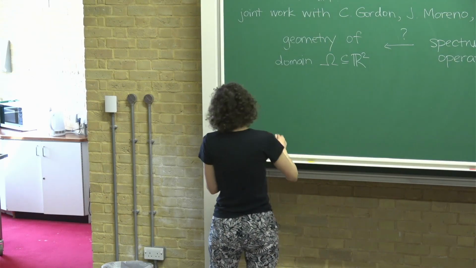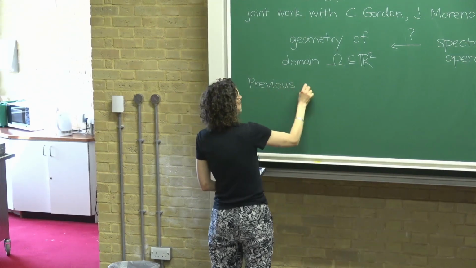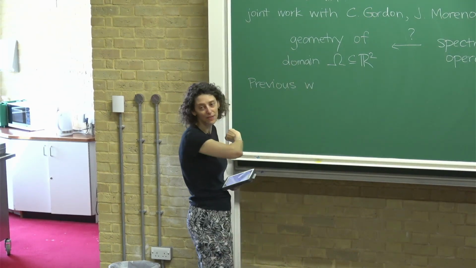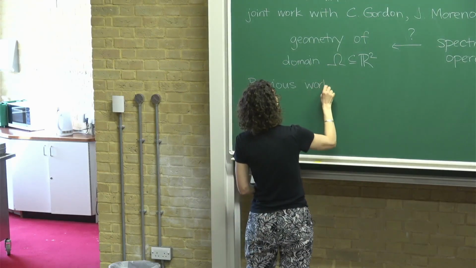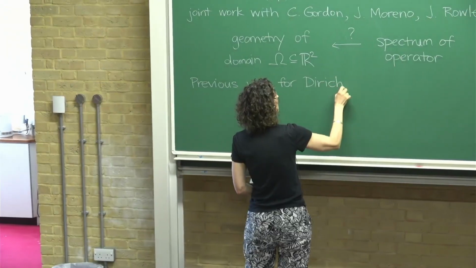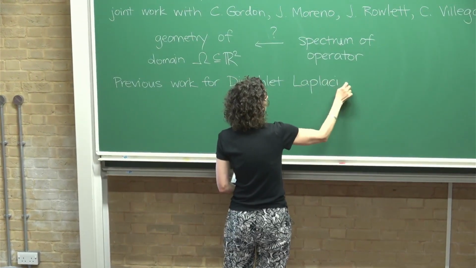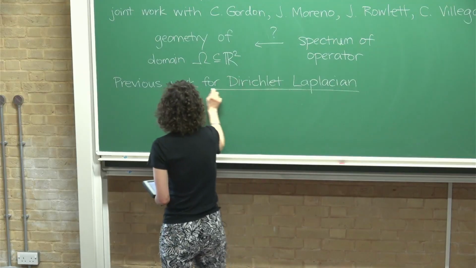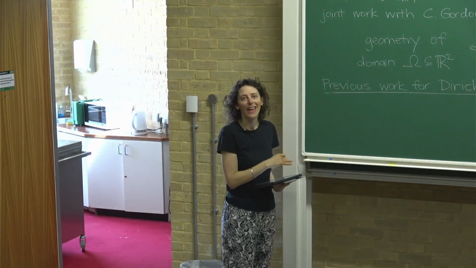Okay, so some history to motivate. You'll notice Steklov is in the title, but just to motivate some of those Steklov results, I want to talk about some previous work for the Dirichlet-Laplacian, and these are in a certain order.